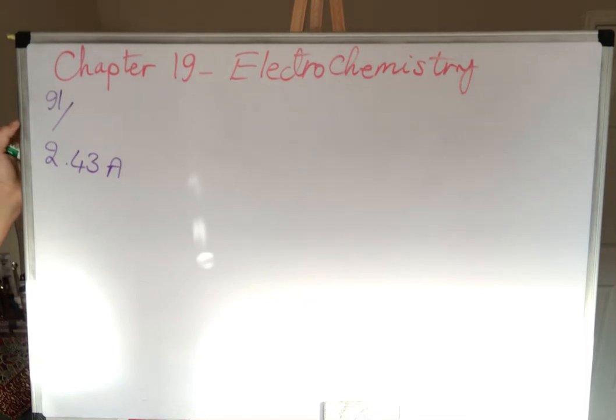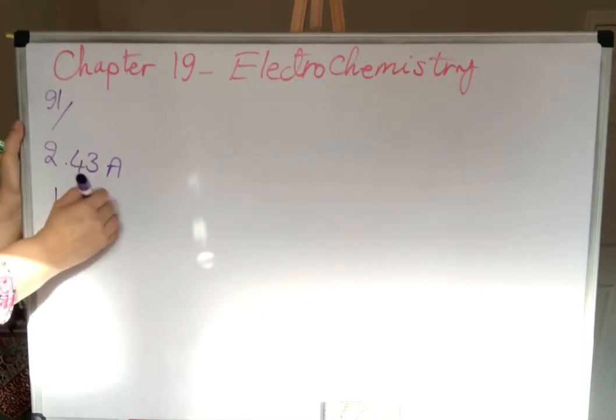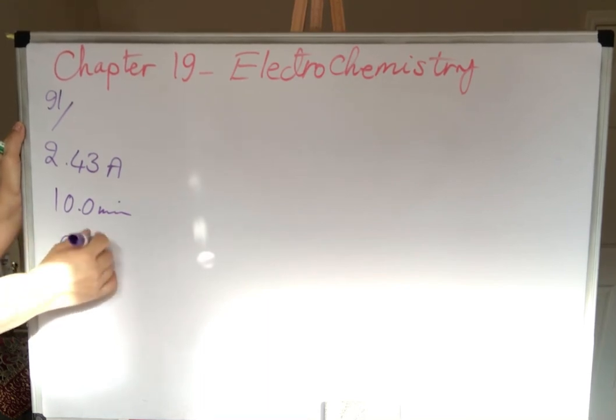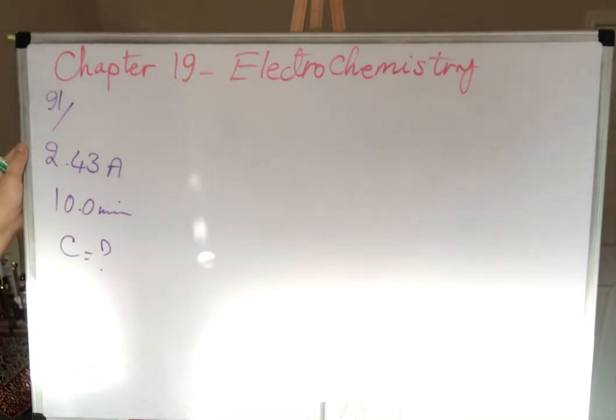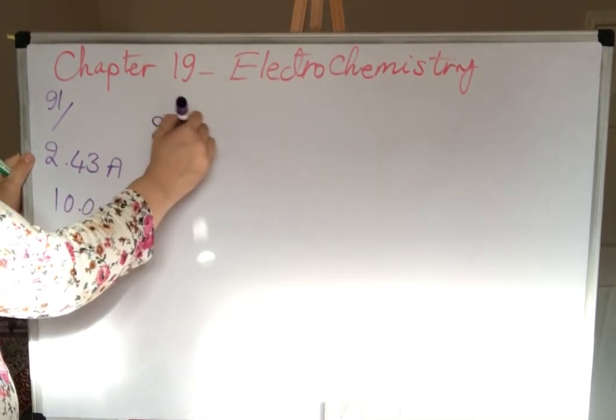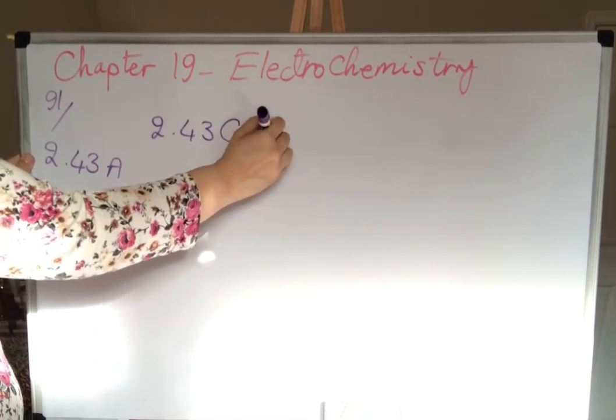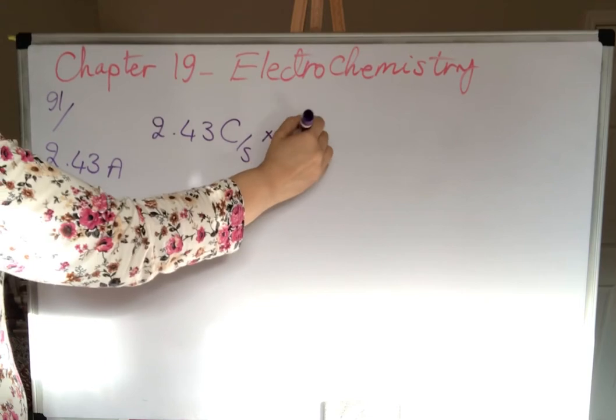If this current flows for 10 minutes, how many coulombs is this? And how much nickel metal is deposited in the electrolysis? So we have 2.43 amperes, which is coulomb per second. Then we have 10 minutes.